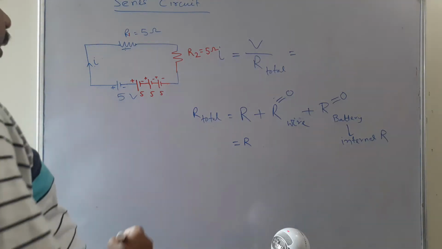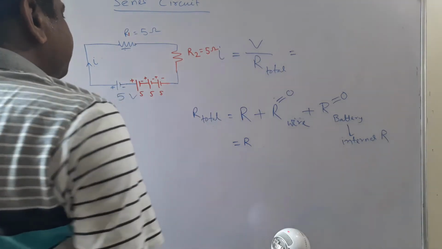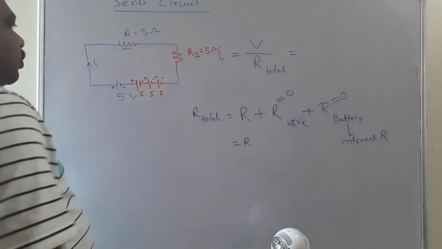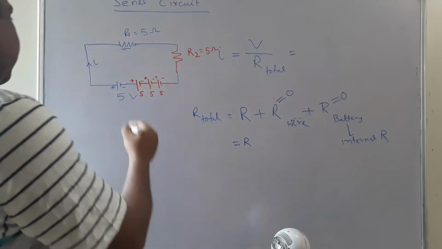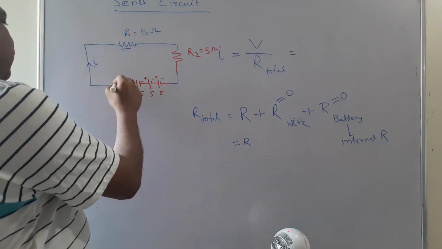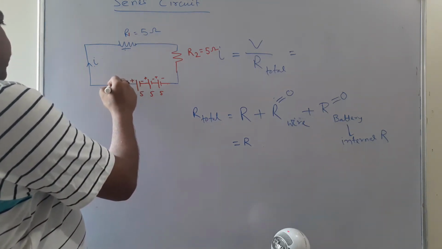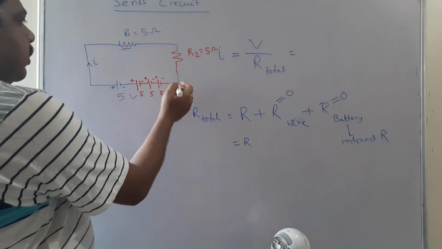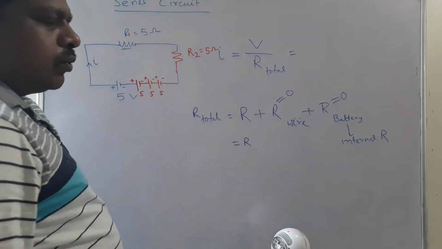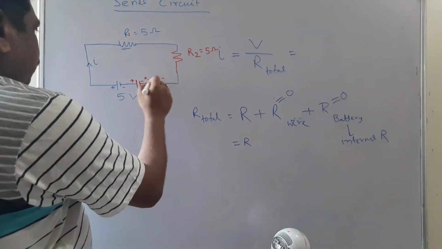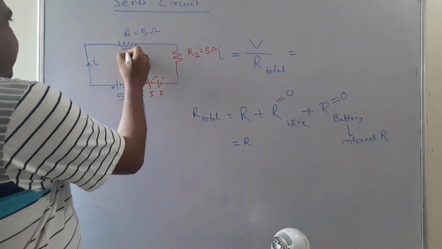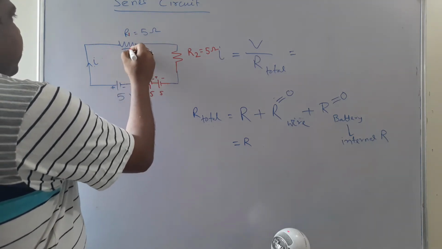So now can you calculate the I? First of all you tell whether it is connected in series or not. So it's like the flowing of water. Okay, so if you break anywhere in this path, the current will be 0. So it has to be a closed loop. So this is a closed loop and the current is the same in the entire path.